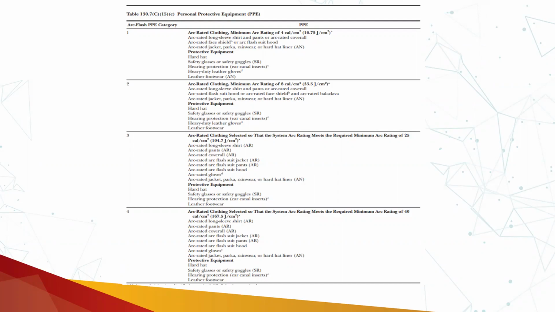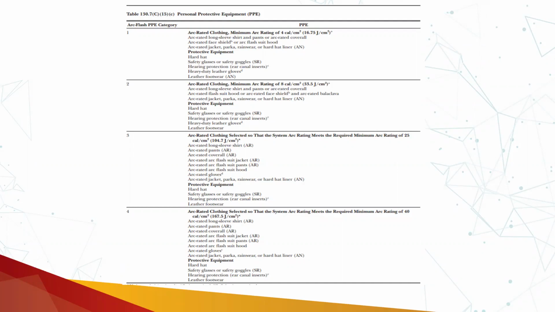For example, for a particular job, the risk assessment determined that there is an incident energy of 12 calories per centimeter square available at location A. If you are performing the job at location A while wearing exactly 12 calories per centimeter square arc rated clothing, there is a chance that when a flashover happens, there is still a 50% probability that enough heat will transfer through that specimen, maybe due to ATPV or EBT failure.